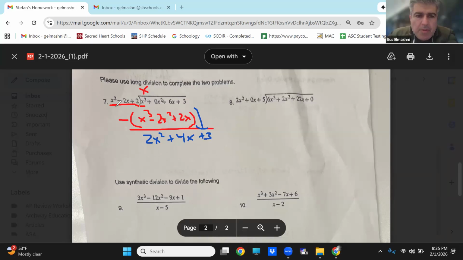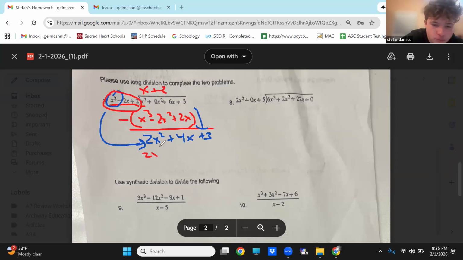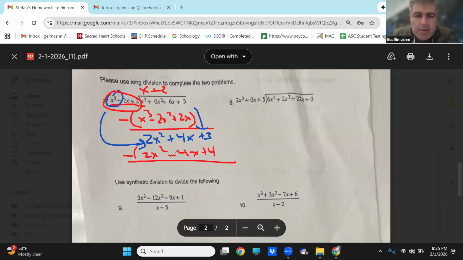And then what do you multiply x squared by to get the 2x squared? By two. Good. Awesome. So then you kind of multiply all this by 2. And you subtract.